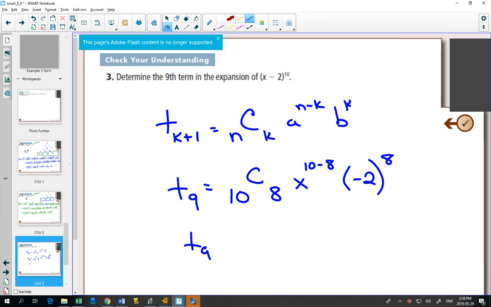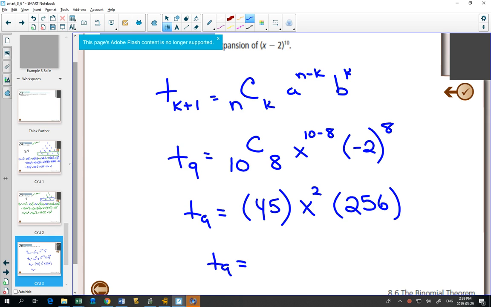We then, again, don't try to do too much math at once. Simplify each thing separately. 10 choose 8, take out your calculator if you need, is 45. X to the 10 minus 8 is x squared. Negative 2 to the 8 is positive 256, because the negative to an even exponent will become positive. And 2 to the 8 is 256. Now we multiply our coefficients together.